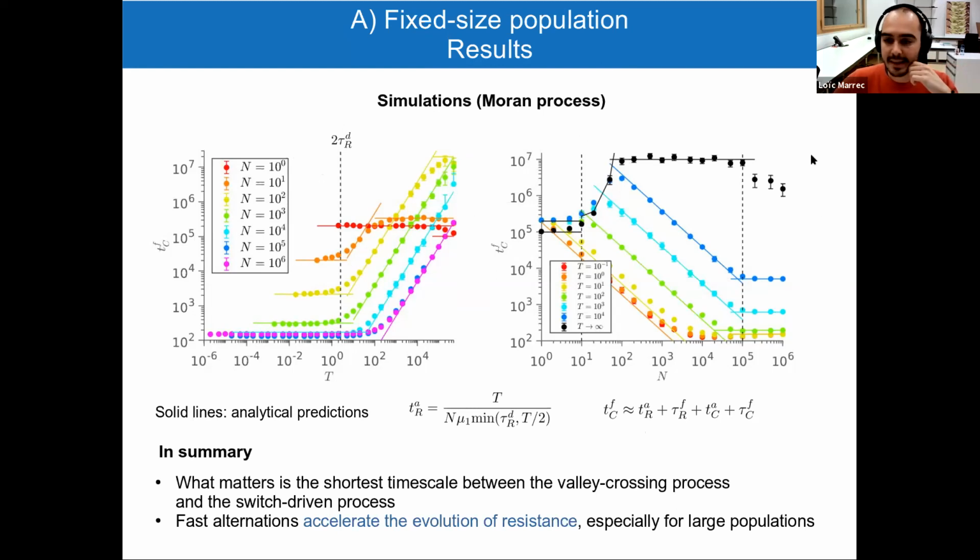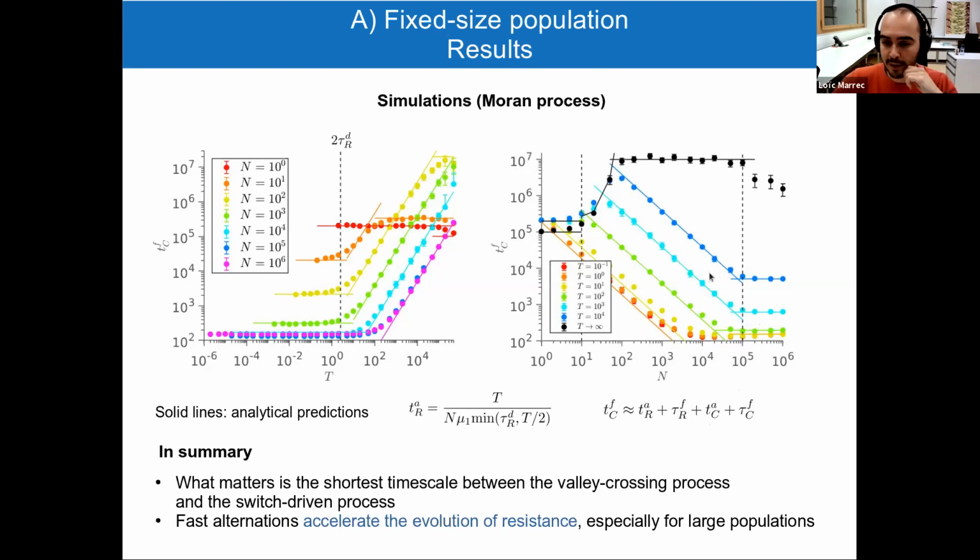And in this graph, I plot again the total time of full resistance evolution versus the population size for different period values. And here again, you can see that there is a very good agreement between my simulated data and my analytical predictions.